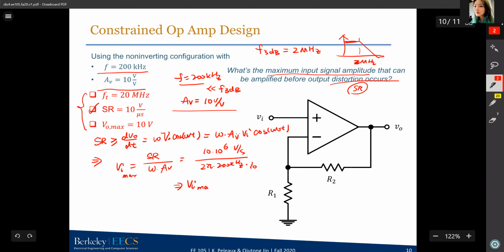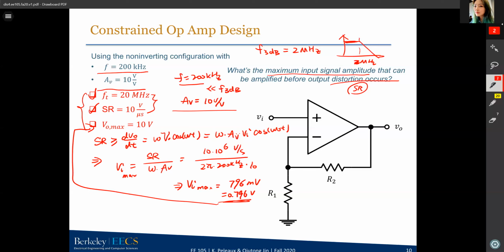So your V_I max would be 796 millivolts, or 0.796 volts. After finishing the design, you have to check it against the other constraints. It already satisfies those two. We double check our result with the last constraint: the V out max is 10 volts.